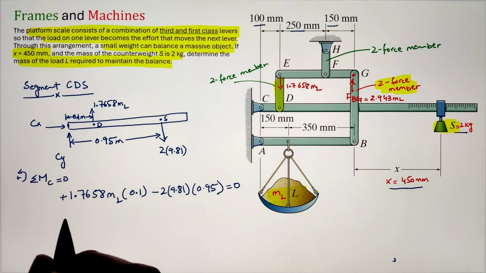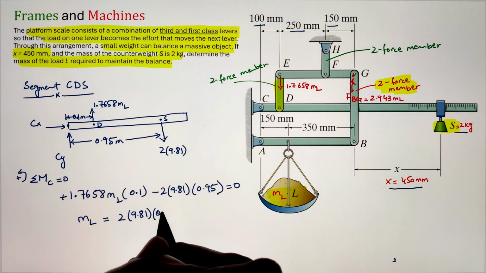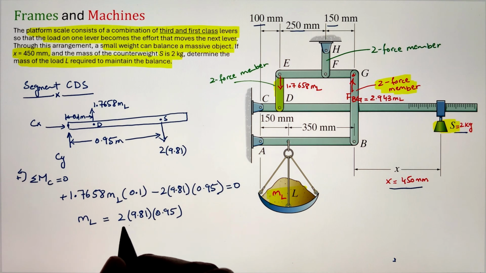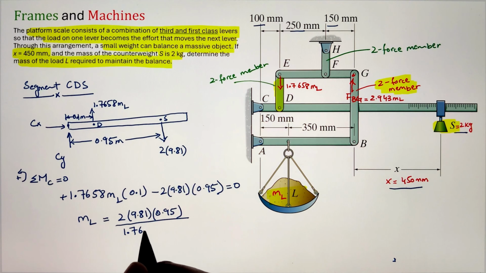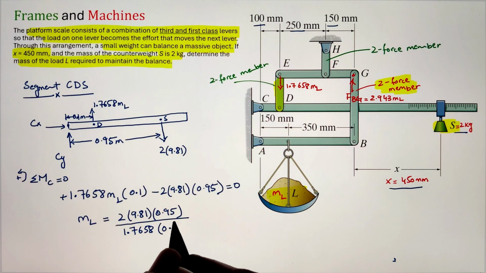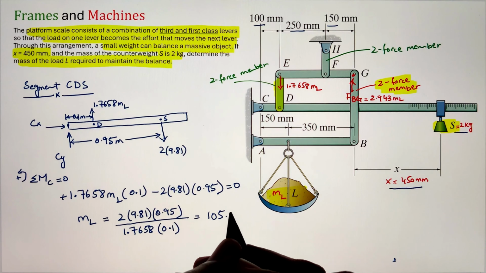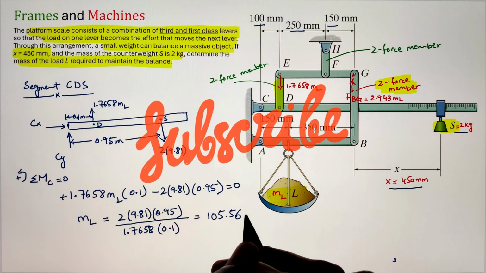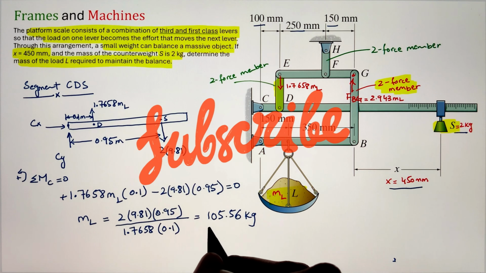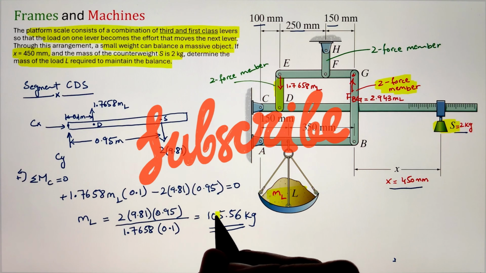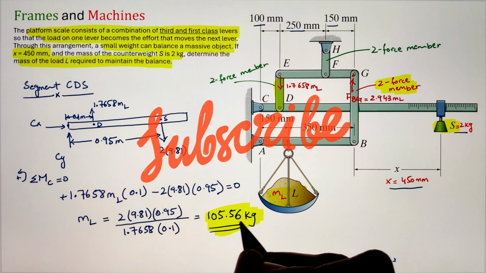That's why it is taken as positive, whereas the load at point S is going to create our clockwise moment. That's why it is taken as negative. Now, in this expression, we have just one unknown, that is the mass of the load ml. So, simplifying and moving the terms around, we get the value of mass as 105.56 kg.